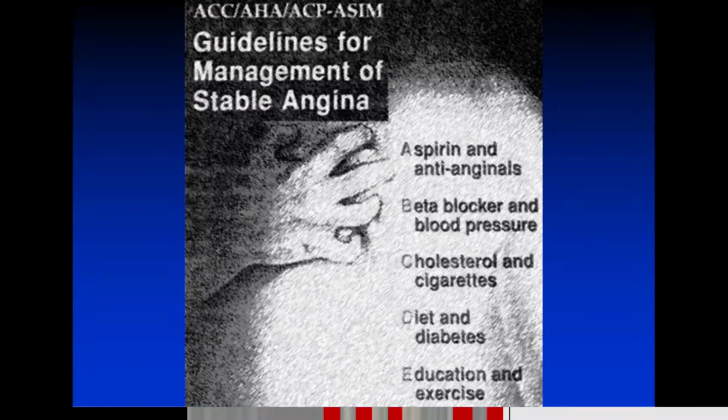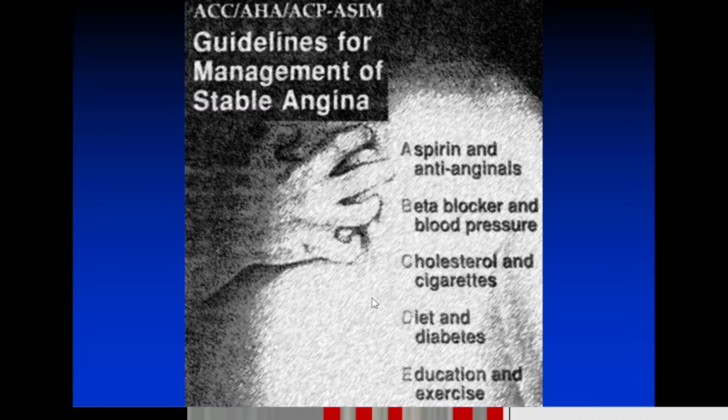And for better recollection of the main points to manage coronary artery disease, stable angina, you can remember this rather simple rule: A, B, C, D, E. A, aspirin and anti-anginals, we mean nitrates. The next, B, usage of beta blocker and control of blood pressure.